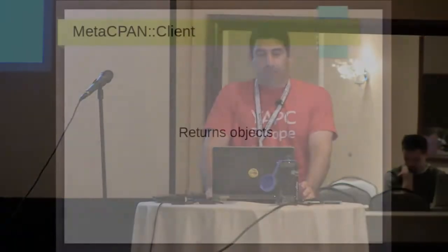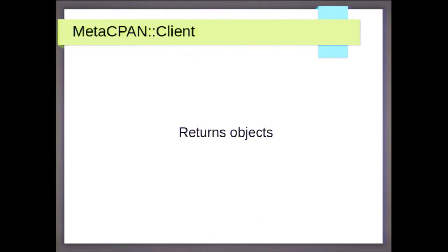That means that we are returning objects. Our objects will be allowing you to access the data not through the hash entries, but through attributes. Is that okay? All right.